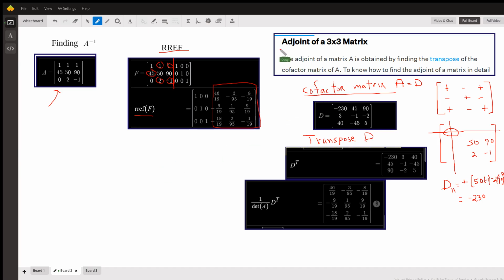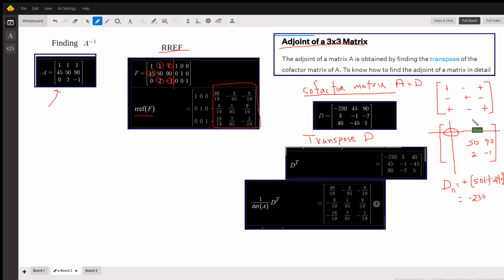Okay, the other way to do it, which is quite a bit more complicated, is to get the adjoint of the 3x3 matrix A by finding the transpose of the cofactor matrix of A. What is the cofactor matrix?